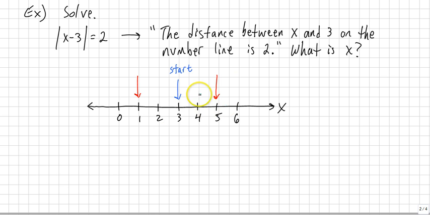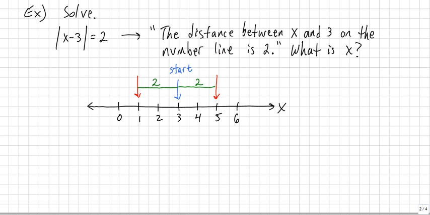As long as we're 2 units away, either direction will work. So the distance between 1 and 3 is 2, and the distance between 3 and 5 is 2. So this distance right here, that's 2 units, and that's 2 units.